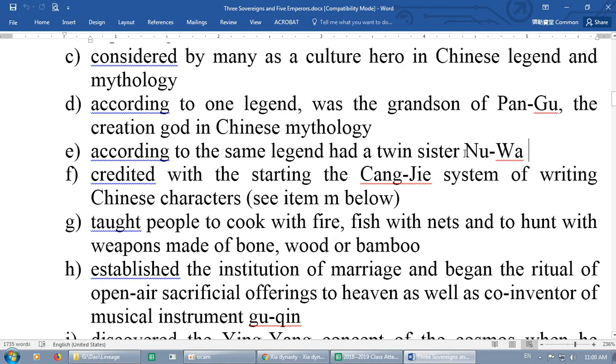And this figure is also mentioned much later in literature called Investiture of the Gods, 封神榜. You know that? Yeah, 封神榜, which is from the Ming dynasty. Ming dynasty, not trilogy.